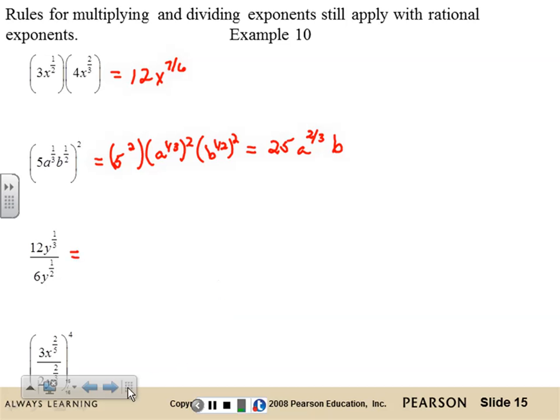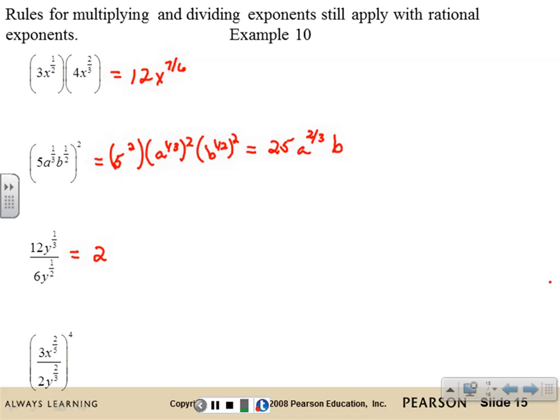So when you do division, when you divide powers with like bases, you subtract, but we can do the 12 divided by 6 first, and so 12 divided by 6 is going to give us 2, and then y to the 1/3 divided by y to the 1/2, again you subtract, top minus bottom, so 1/3 minus 1/2.